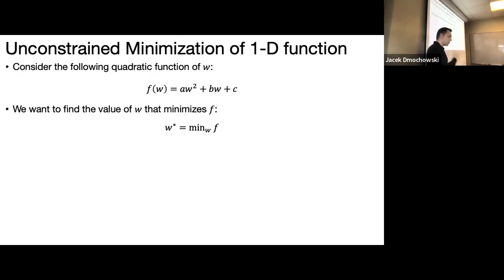Yeah, exactly. So what was that called? The vertex. That's right. They taught you guys the vertex, right? And they taught it as, you learned how to plot. You put in a W, you get an F. You put another W, you get an F. Then you connect it to a parabola, and then you would identify the vertex from the graph, and that gave you a minimum or maximum.